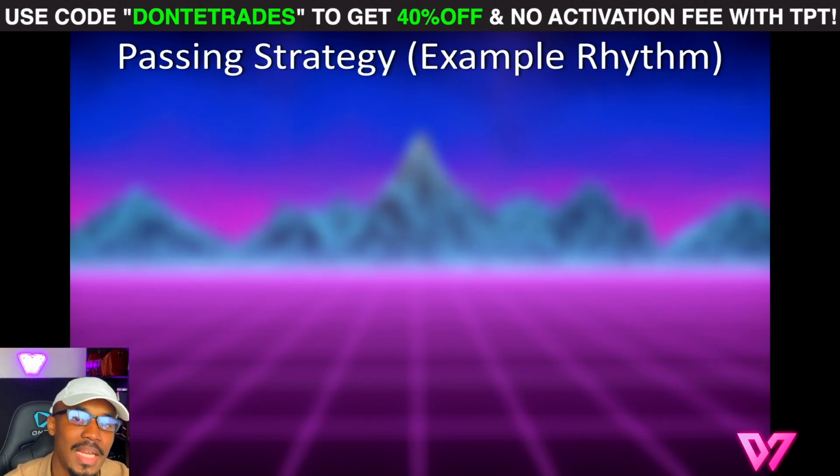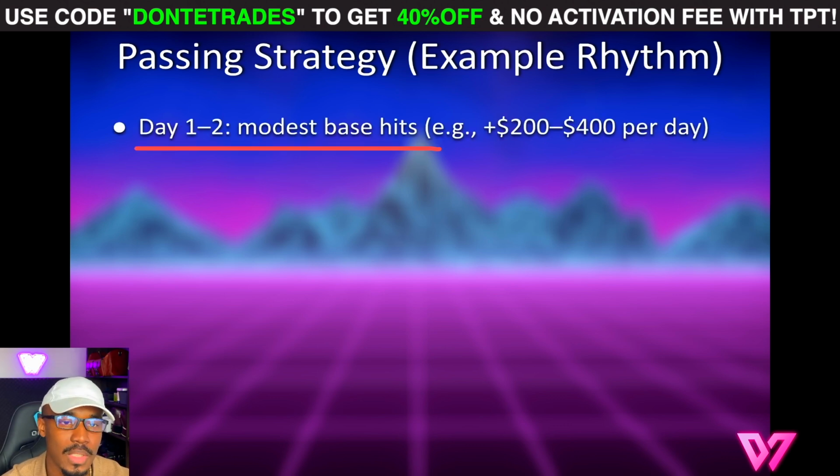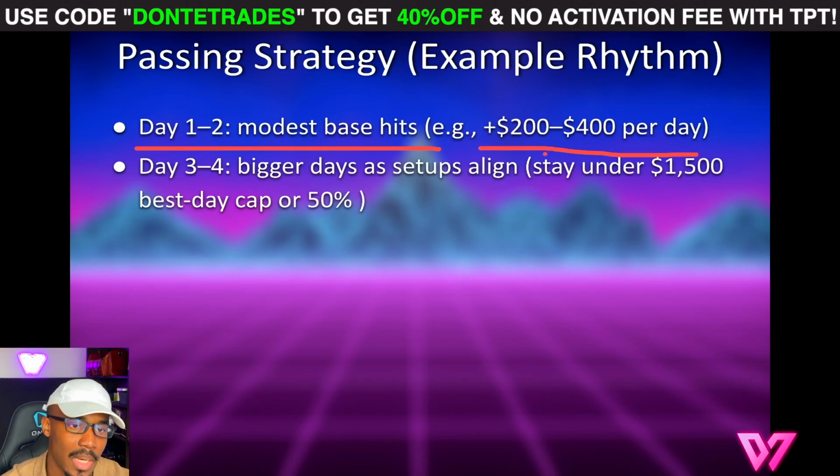Now, passing strategy example, rhythm. If you want to know exactly how I've been passing my TPT accounts, I will pop a video up on the screen here showing you guys exactly the setups, etc. that I use to pass my TPT account. But day 1 to 2, we're looking for modest base hits, so $200 to $400 per day. Day 3 to 4, we're looking for bigger setups if we do see them.